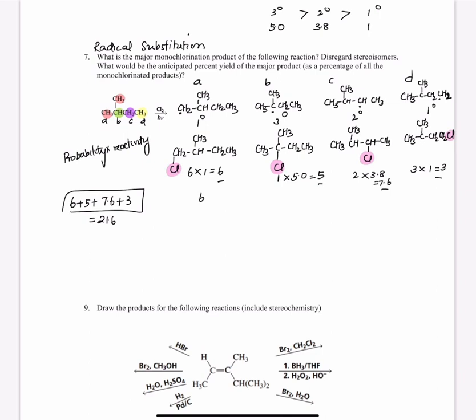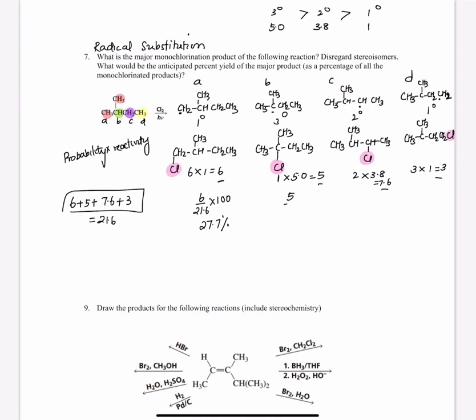So this one is going to be produced in this percentage, where 6 should be divided by 21.6 times 100. So when we do the math here, it's going to give us 27.7%.